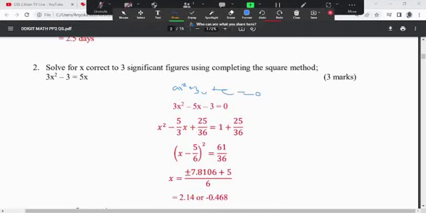So it must be in that form. So we'll rearrange this equation so that it takes that form, and now it is 3x squared minus 5x minus 3 is equal to 0.